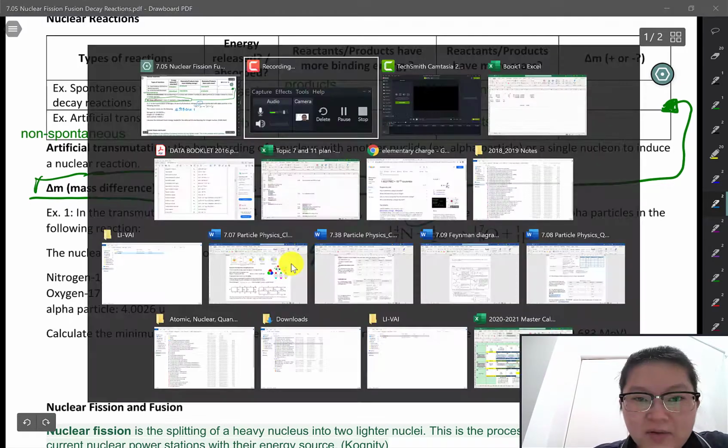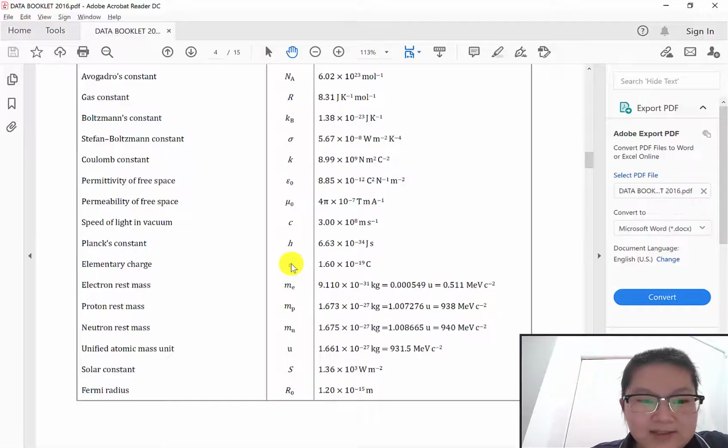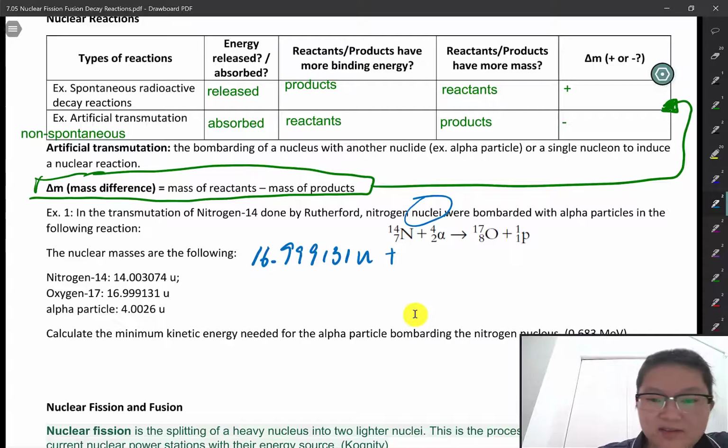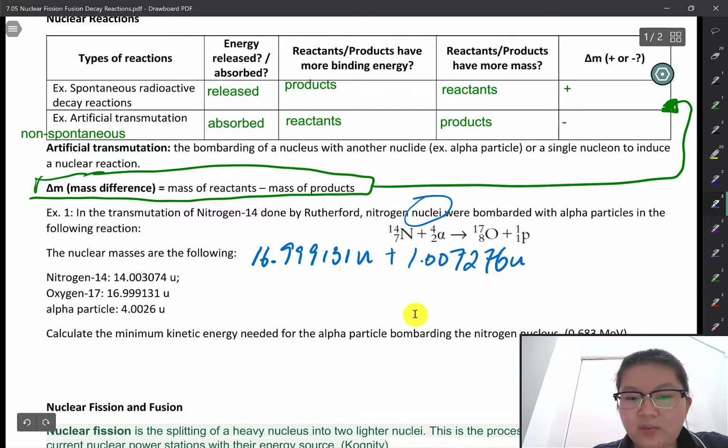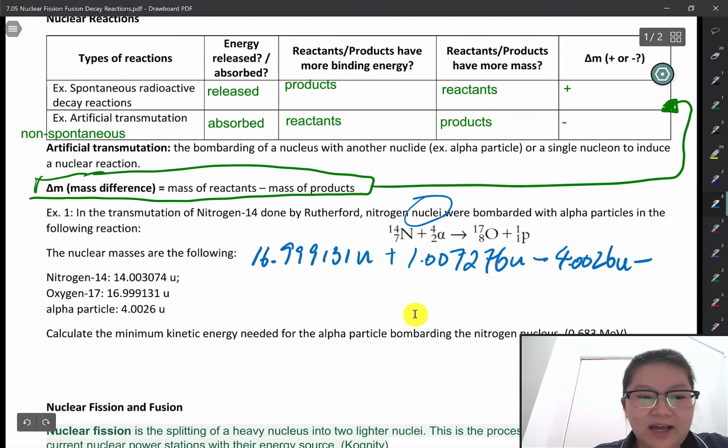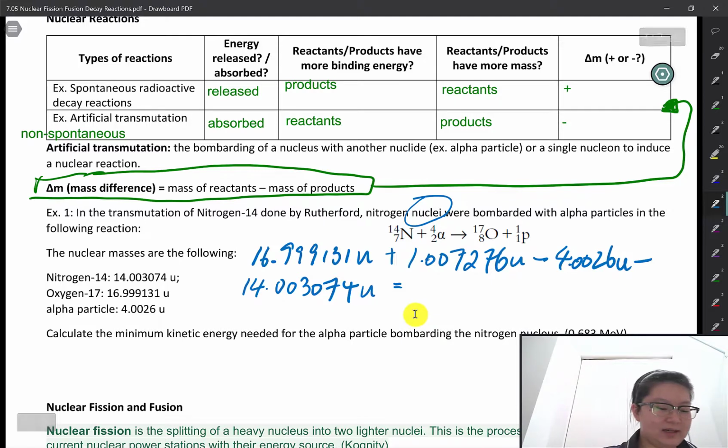I'm going to look in a data booklet, which says 1.007276 for a proton. I am going to subtract the alpha particle, which is 4.0026, as well as the nitrogen nuclei, which is 14.003074 atomic mass units.